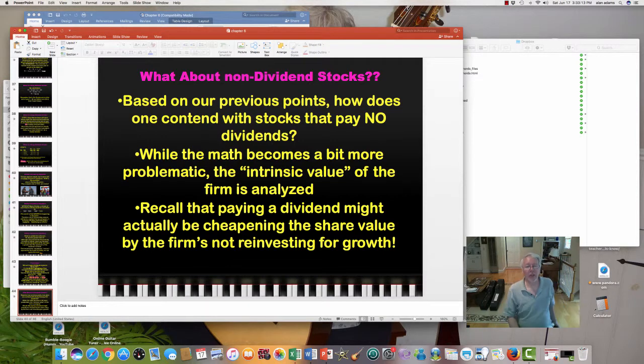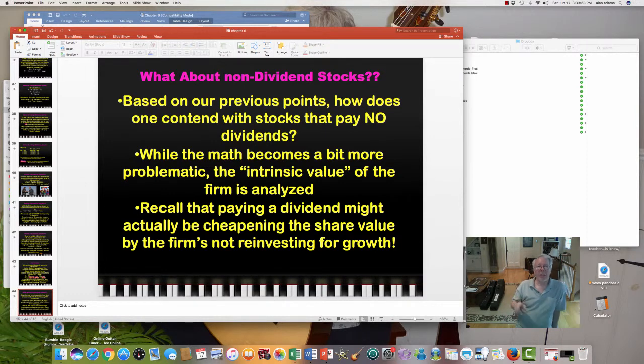Now, some people will say, well, what about non-dividend paying stocks? Some stocks don't pay a dividend. How do you calculate that value, Mr. Gordon? Okay, well, it becomes more problematic, but what you do in this case, dealing with more complex models, and this is a subject for a more advanced course of study in this discipline, you look at the underlying intrinsic value of the company. Okay?